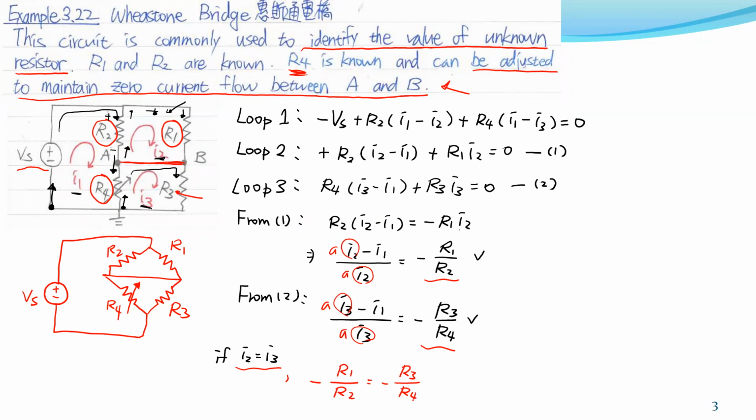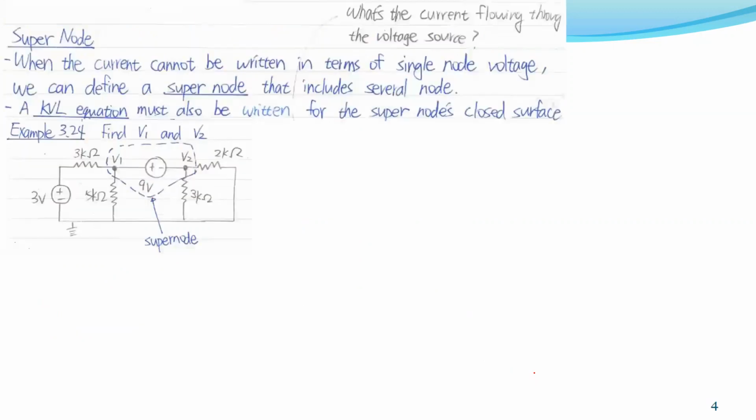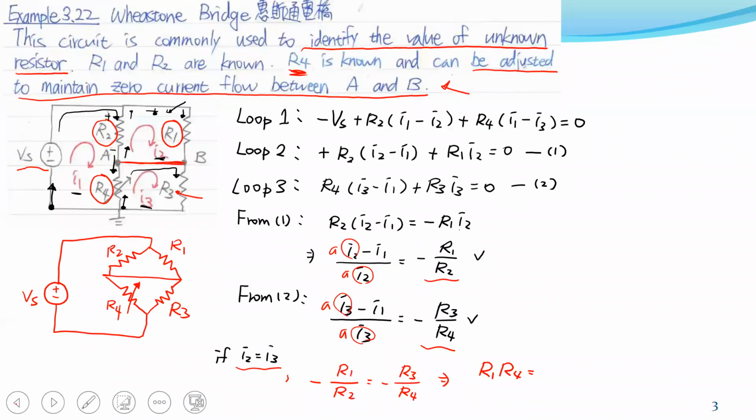And then this equation becomes, so we have R1 times R4 equals, okay, how about I write it on the top? I write it on the top, so it's here. Let's erase this. It becomes R1 times R4 equals R2 times R3.